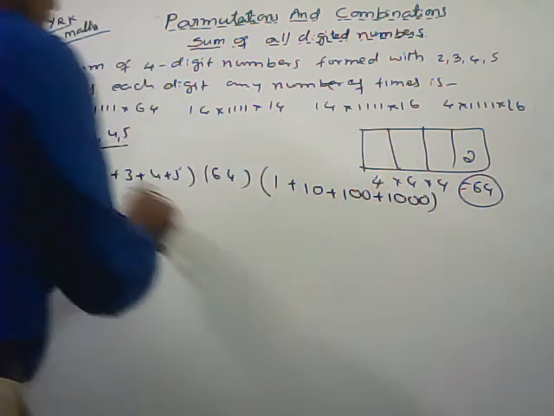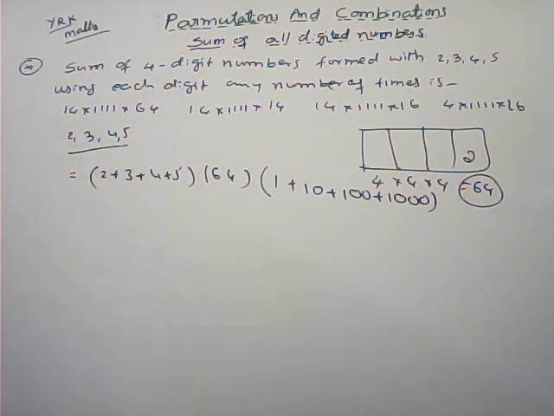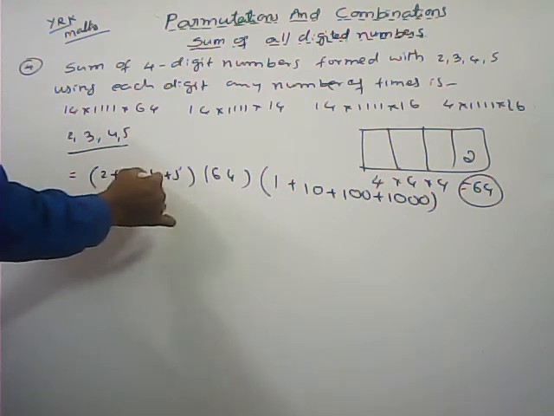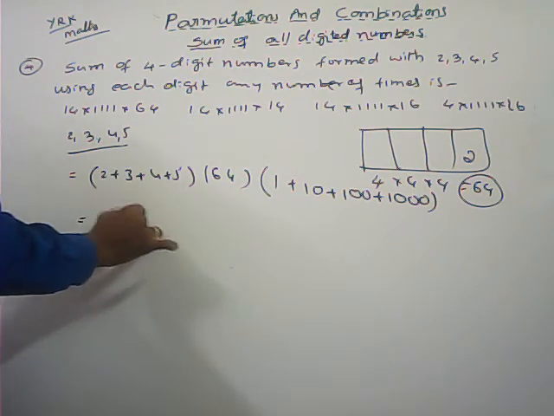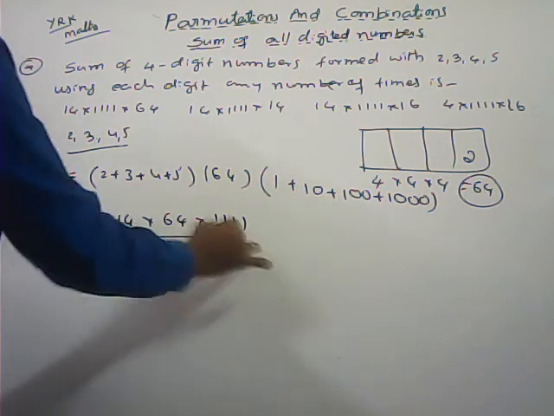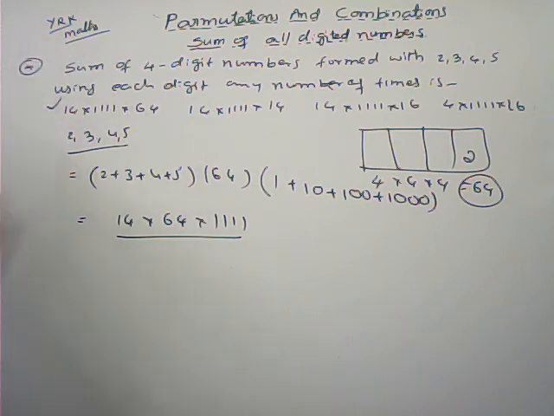By simplifying that one, we can get the answer: 14 into 64 into 4 ones. That is the first option.